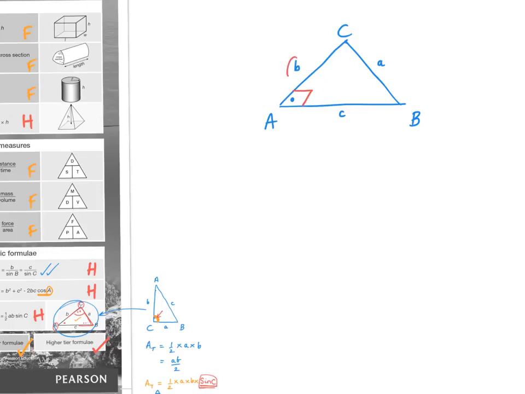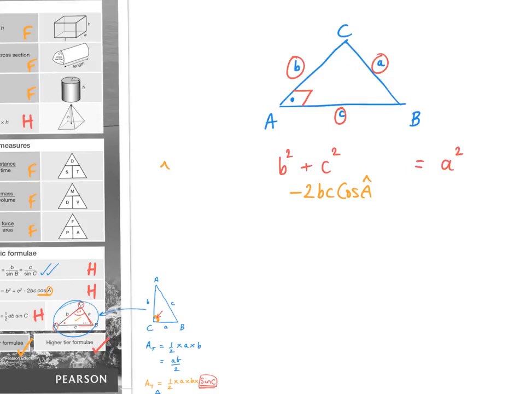So what you would get is B squared plus C squared would be equal to A squared. That's if it's a right angled triangle. So all you have to think about is, well, it's not a right angled triangle, is it? And that's why 2BC cos A comes in as a correcting factor.